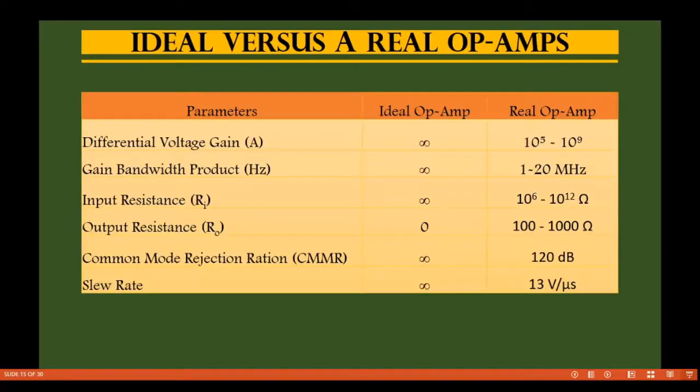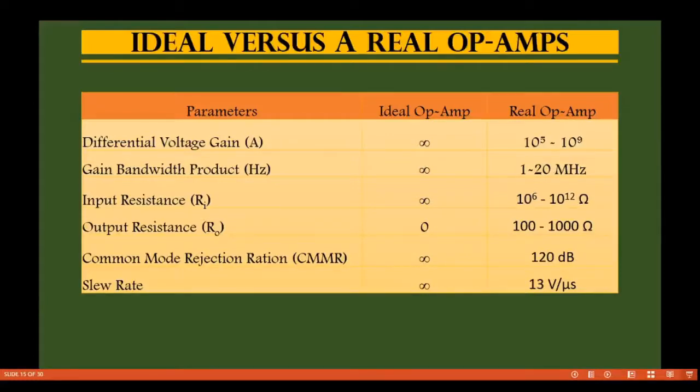Now as you can see in this table chart, the ideal versus the real op-amp characteristics. The ideal op-amp has infinite gain bandwidth product. The infinite gain bandwidth product indicates that a signal of any frequency from 0 to infinite hertz can be amplified without any attenuation. The infinite input resistance indicates that any signal source can drive it and there is no loading of the preceding stage.